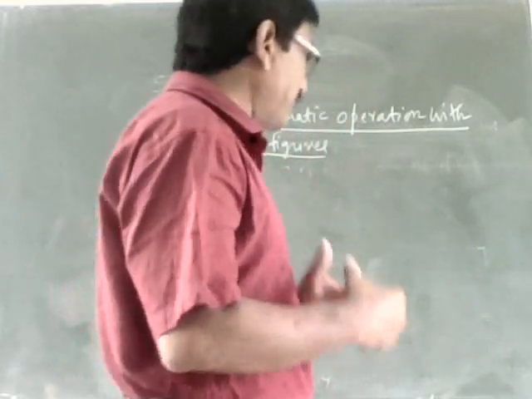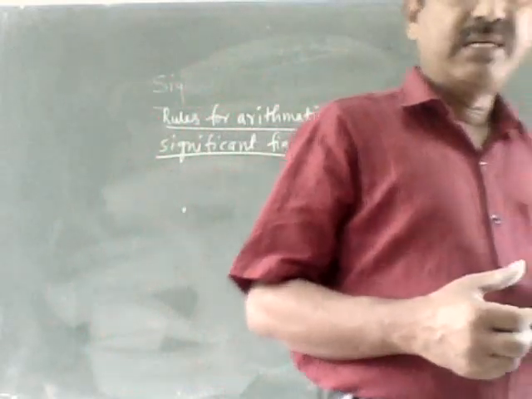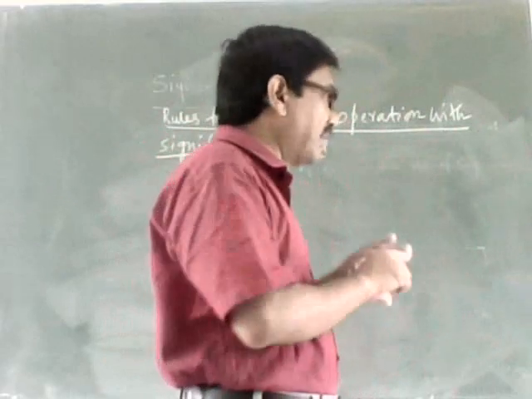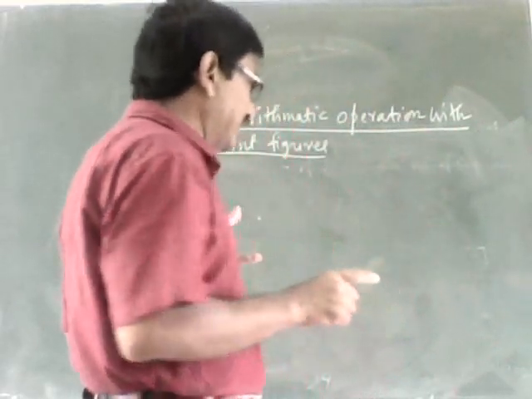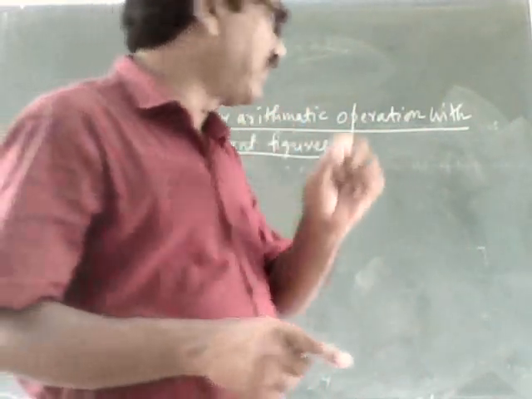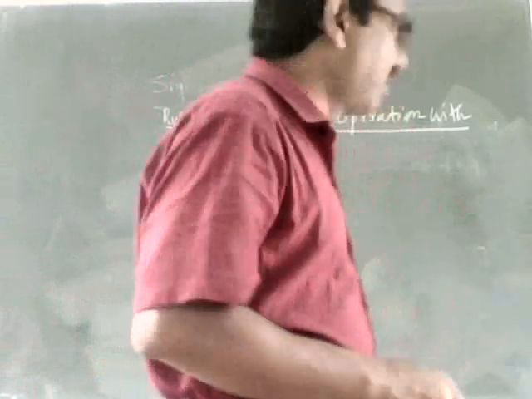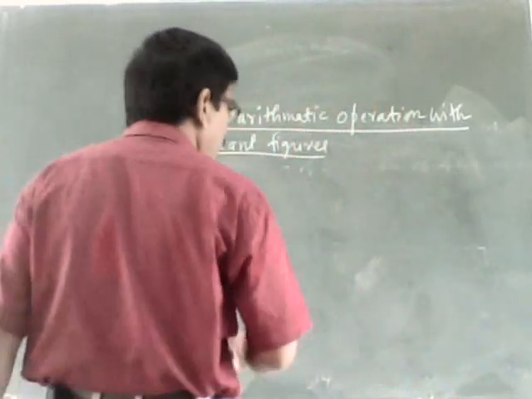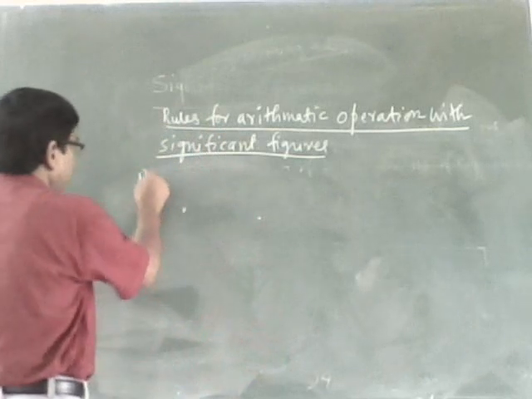Now first, for multiplication or division, the final result should retain the least significant figures of the original numbers. So what is the first rule in multiplication and division?